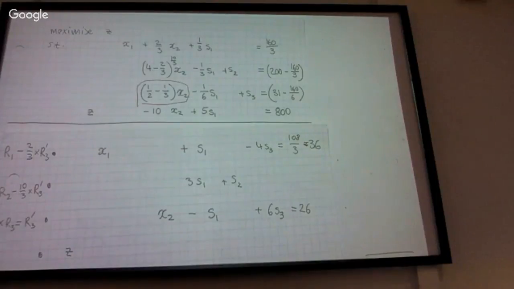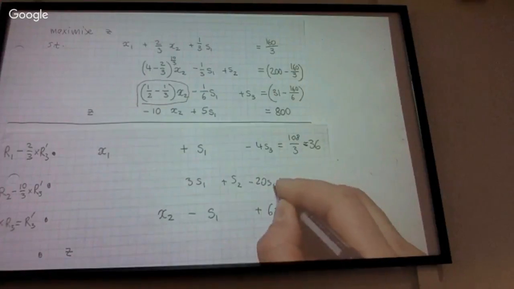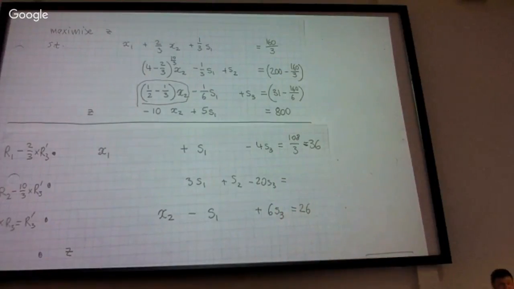What do I get there? There was no s3. I'm taking away 20, so I'll have minus 20 s3. The whole problem is that what I had prepared was doing the different pivot step. And now, last week, you made me do the 100 minus 15. And now I have to do it in my head.